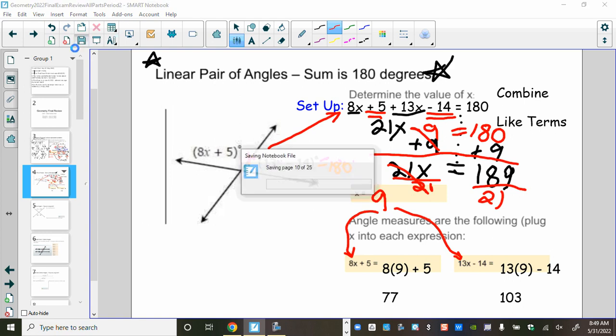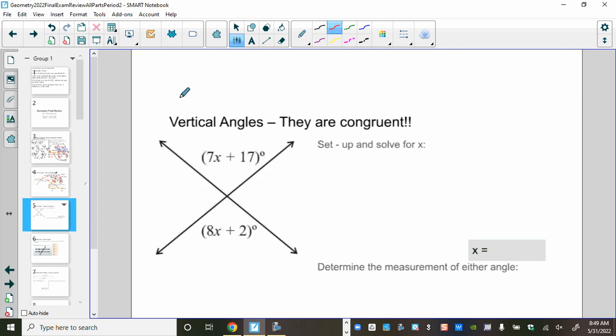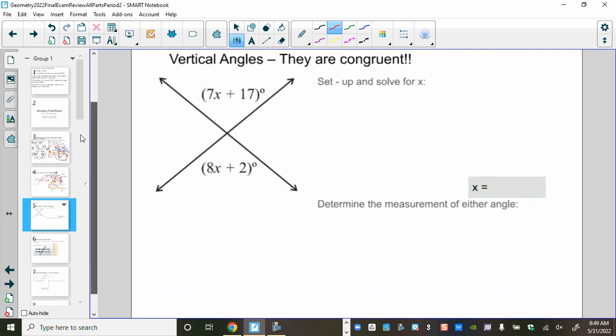All right, here we go. This next one, vertical angles, they're congruent. What do we know about the relationship between these two angles?